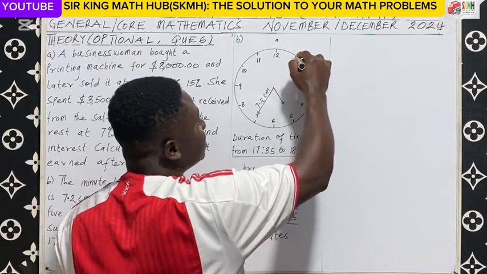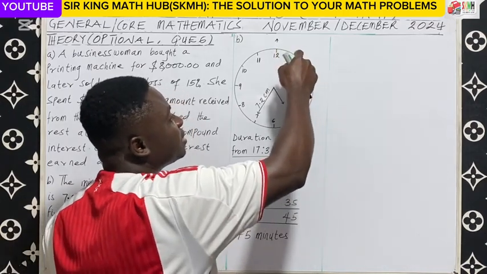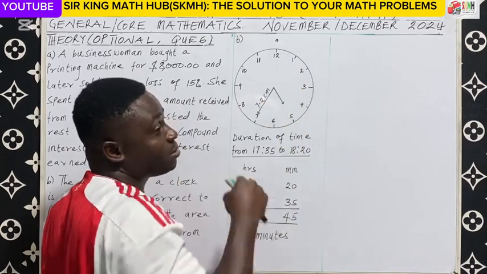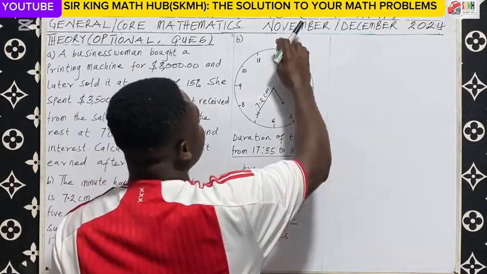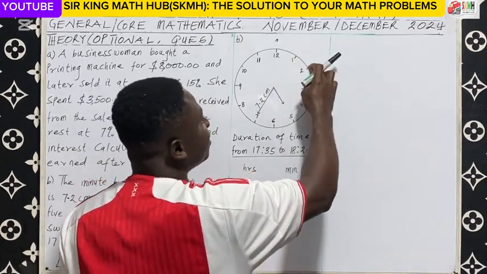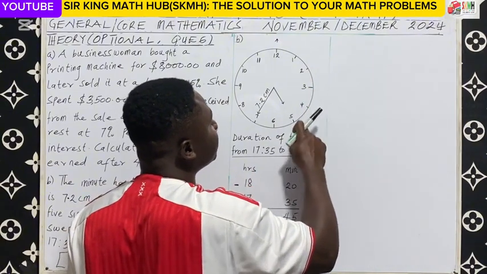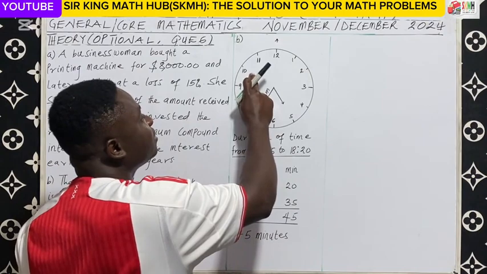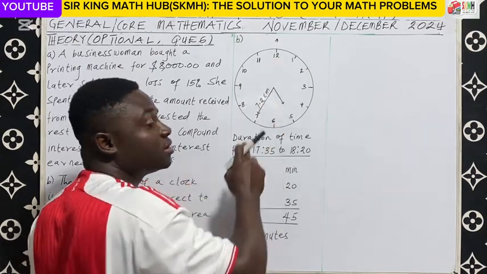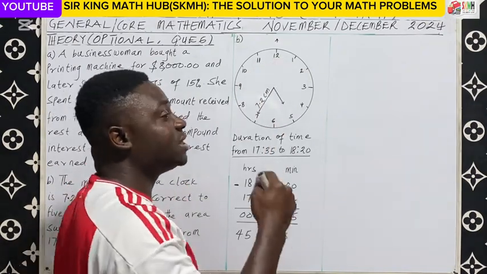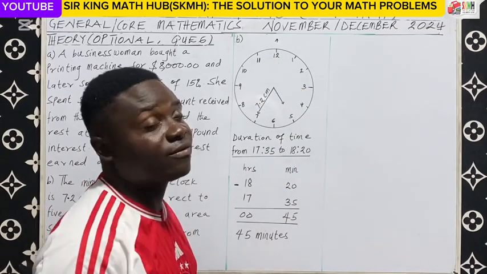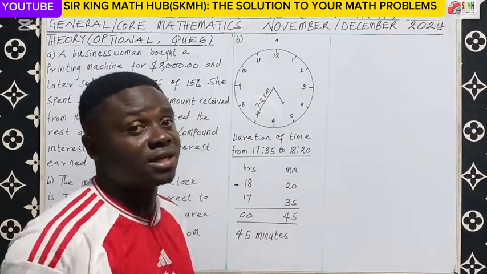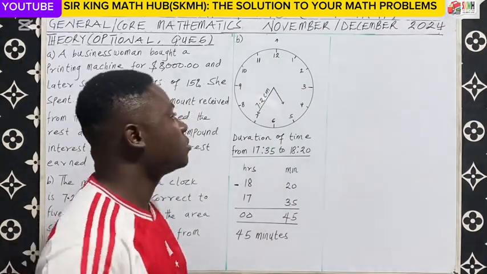We know that the difference between each number here is 5 minutes. So from 12 to 1, that will be 5, 10, 15, 20, 25, 30, 35, 40, 45, 50, 55, and then 60. So if the minute hand completes one full rotation, then 60 minutes will be covered.